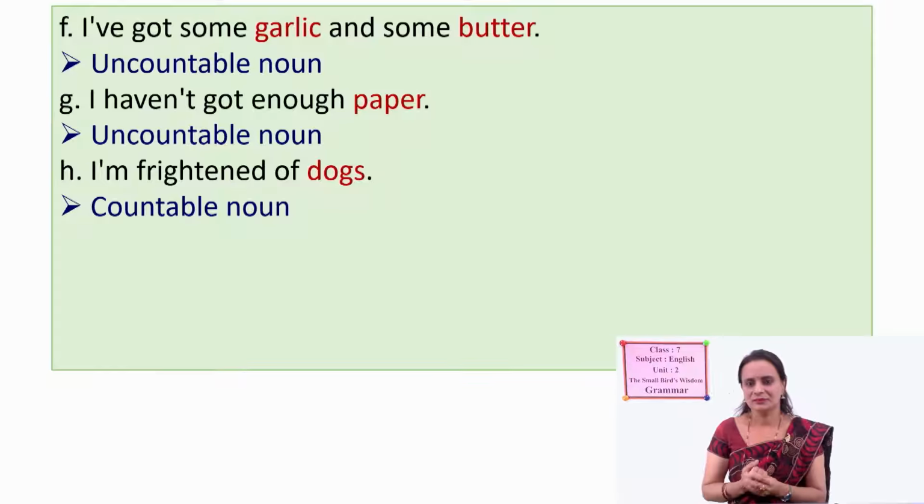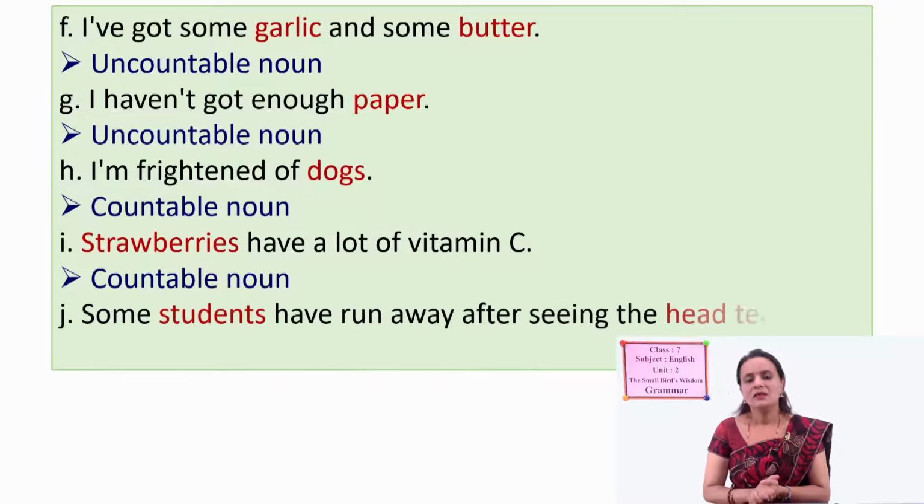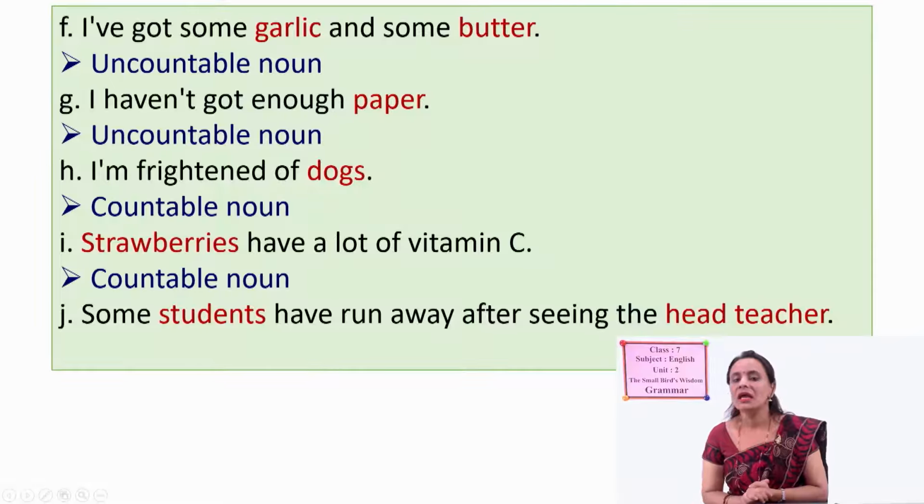Now another. Number I. Strawberries have a lot of vitamin C. Strawberries. Can you count? Yes, isn't it? You can count. So it is a countable noun. And lastly, what is it? Some students have run away after seeing the head teacher.